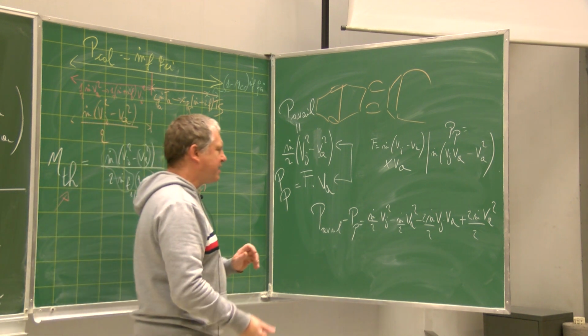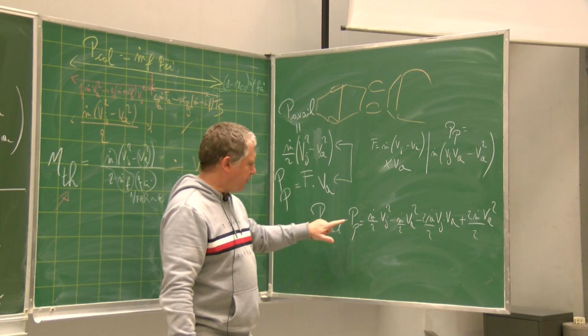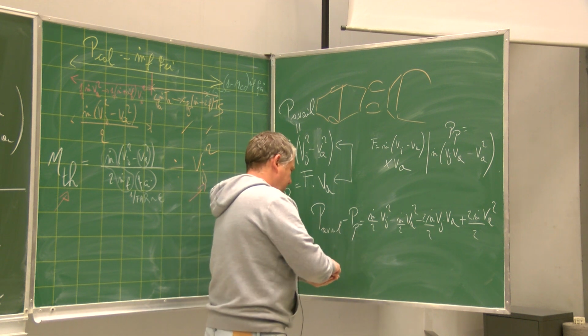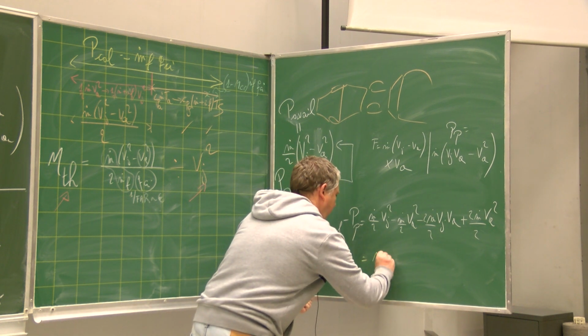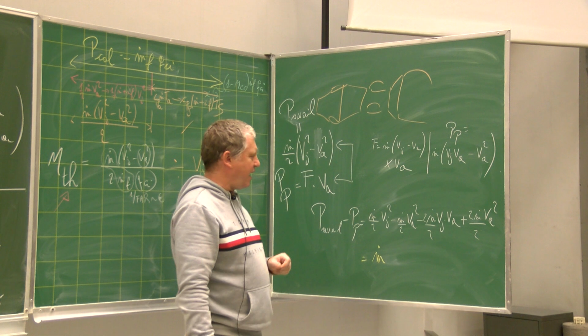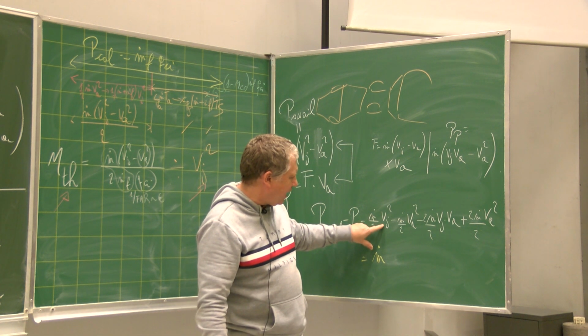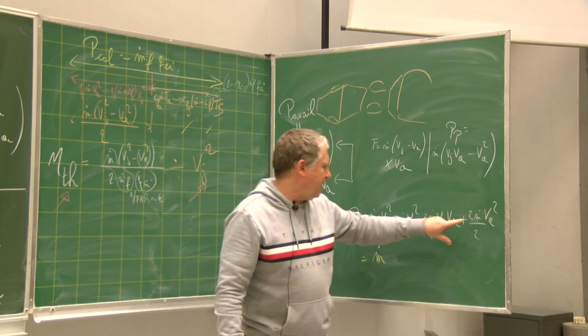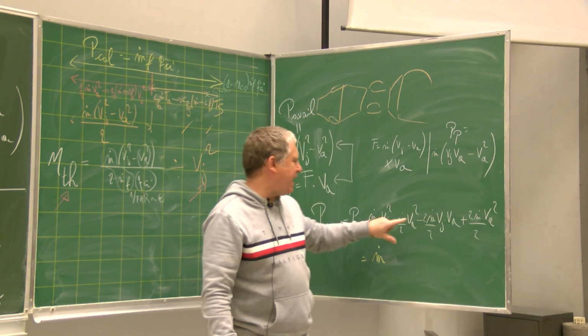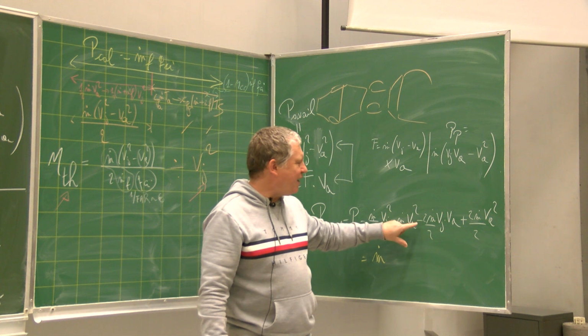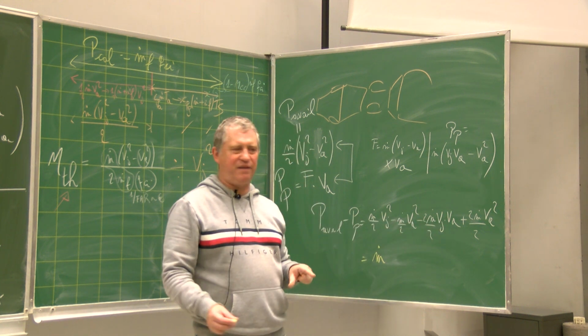And what do we see? We see that we have m dot everywhere present, and here you see Vjet square, here we have plus VA square, and here we have minus 2 Vjet VA.